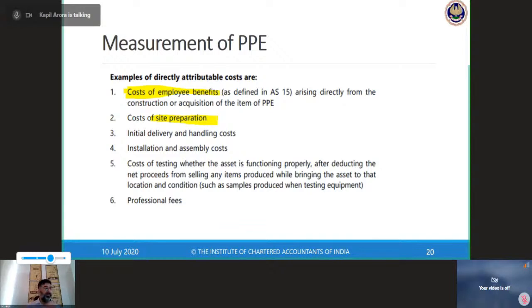First, you need to prepare that site so that you can start constructing the asset there. Initial delivery and handling cost. Let's assume I have ordered a machinery from Germany. Now that machinery, if it is coming, I have to pay the freight also.